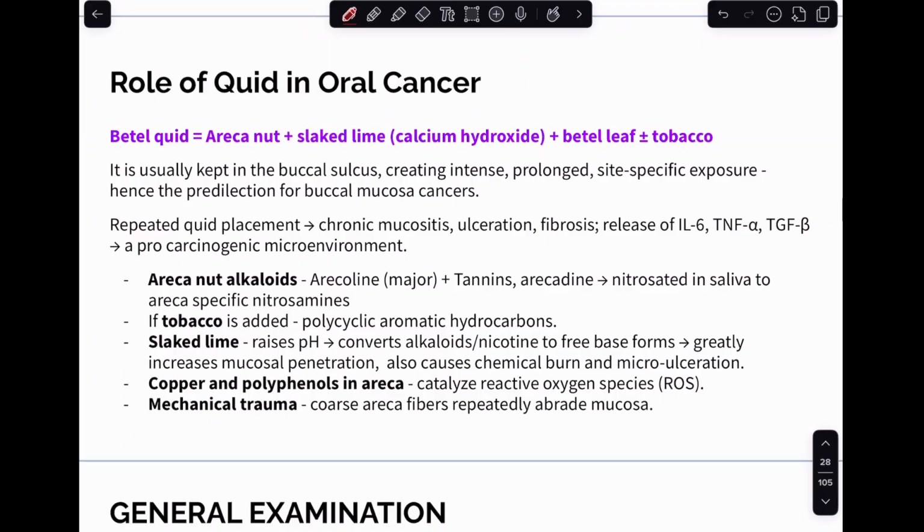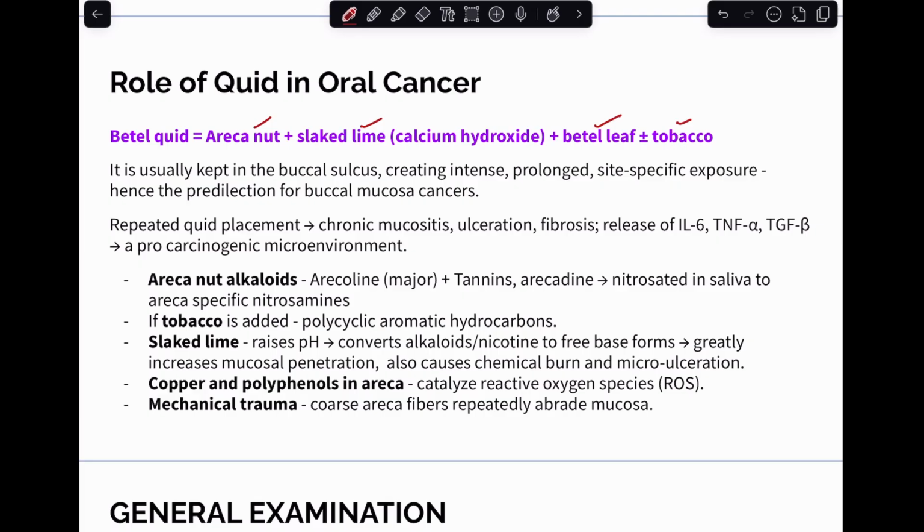Next, now we have learned that a patient has a history of using quid. Now let's try to understand how quid contributes to cancer. The betel quid that they usually have is a combination of areca nut, slaked lime, betel leaf with or without tobacco. You'll know that this quid is usually kept in the buccal sulcus. Some people keep it on the left side, some on the right side.